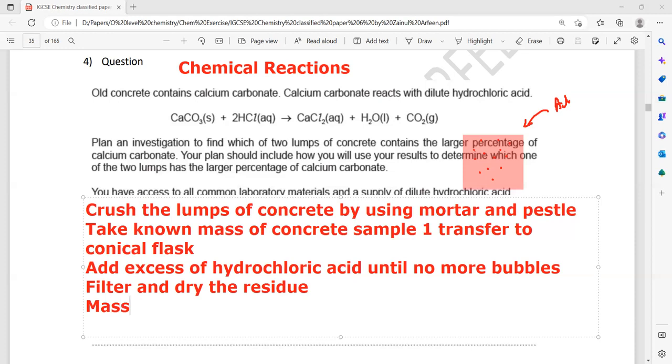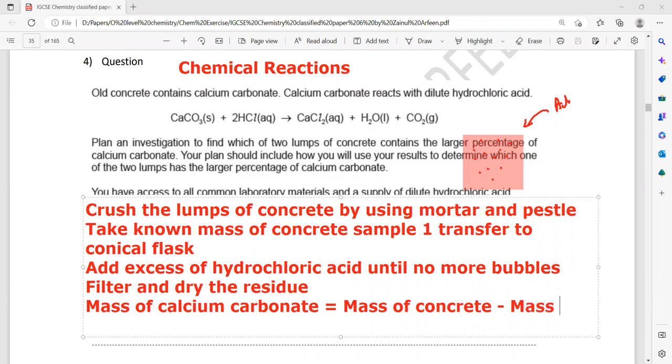Then the mass of calcium carbonate will be equal to the mass of concrete minus the mass of residue.